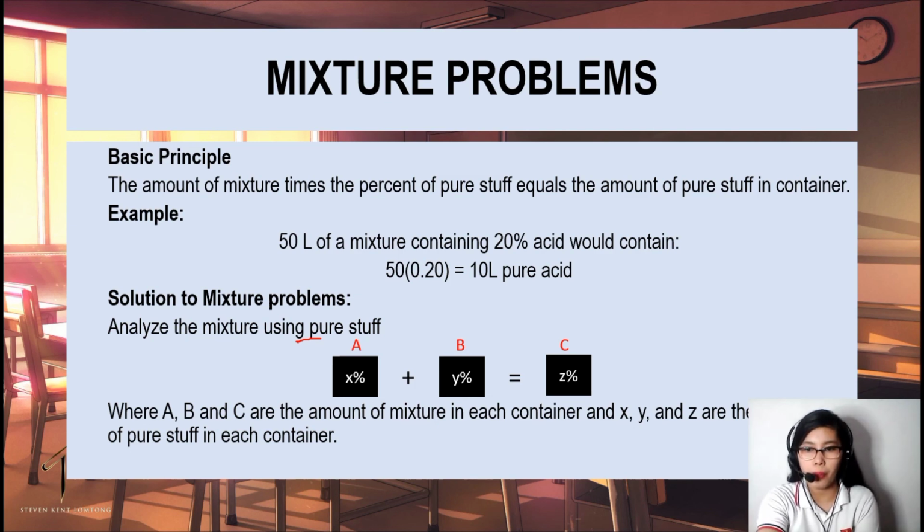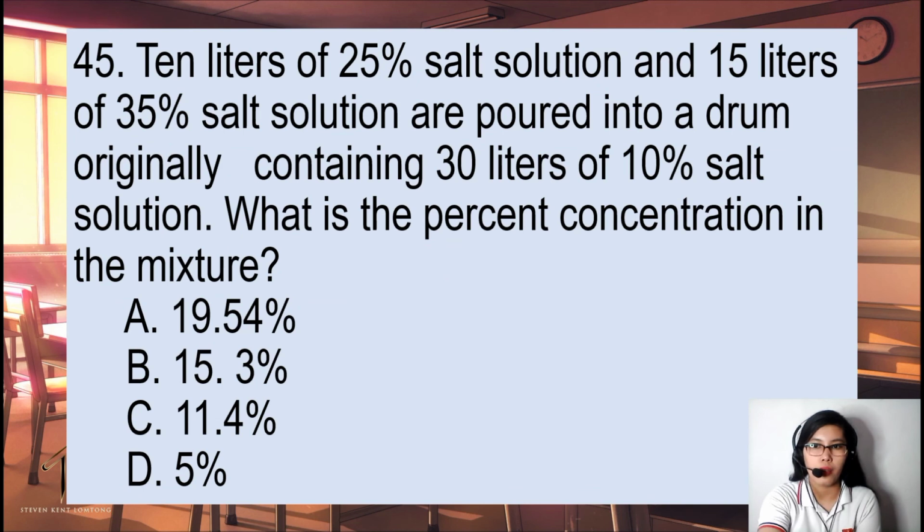Okay, so here, 10 liters of 25% salt solution and 15 liters of 35% salt solution are poured into a drum originally containing 30 liters of 10% solution. What is the percent concentration in the mixture? So let us write.